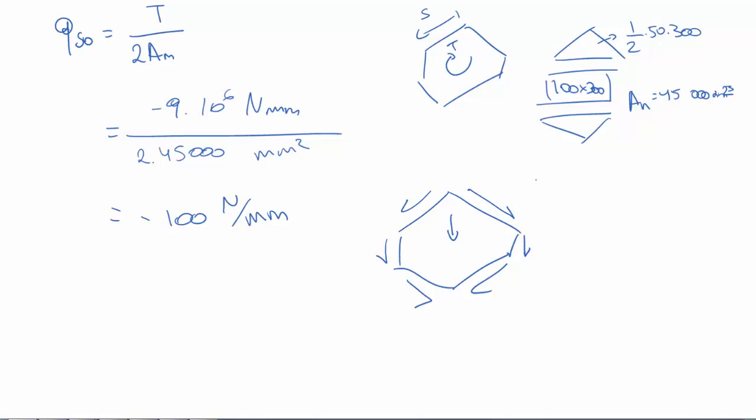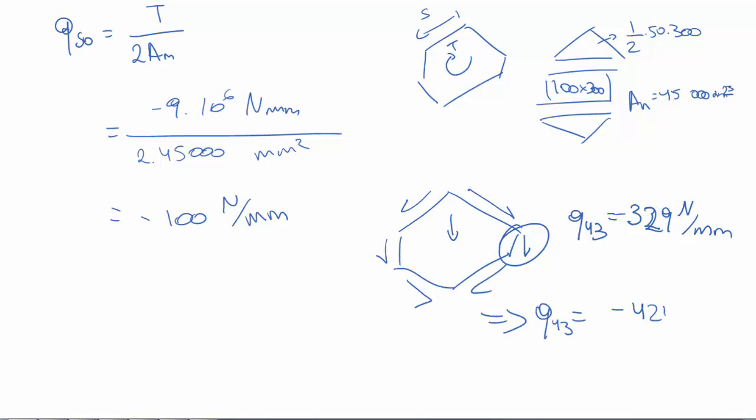We also remember that the Q for 3 was the biggest value with minus 329 Newtons per millimeter. So the total shear flow in this member is minus 429 Newtons per millimeter.